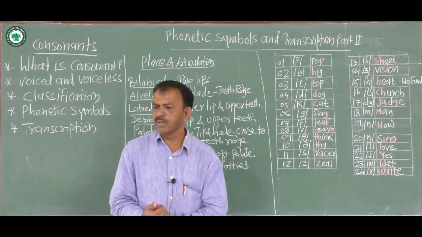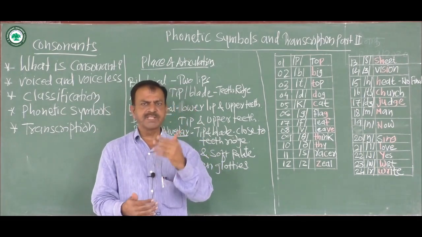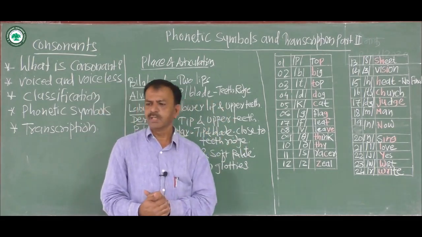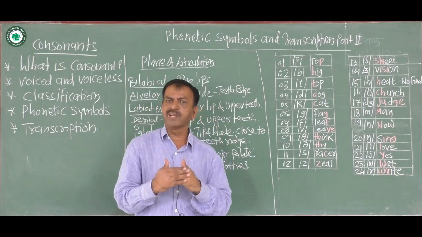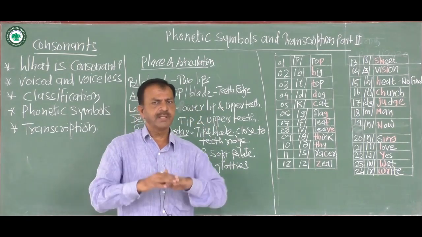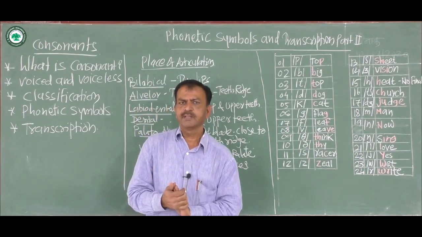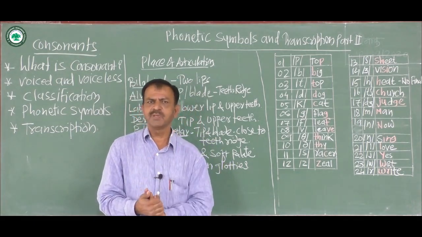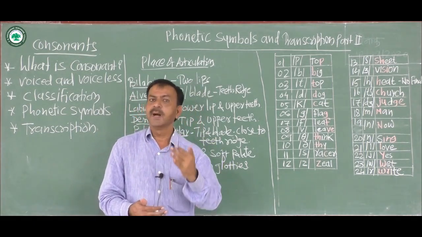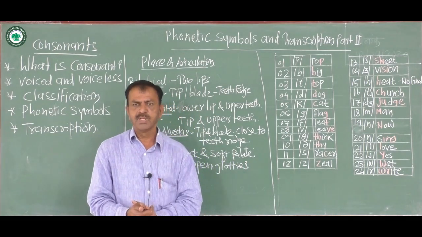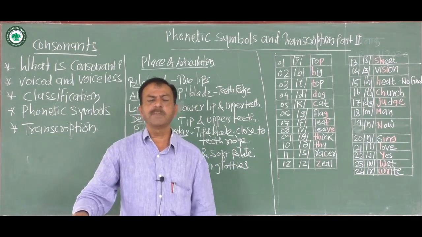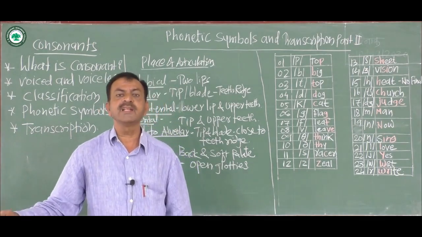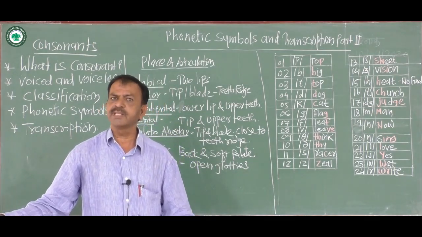Now I come to the first type, that is according to the manner of articulation. We can classify the sounds under different heads, and the first head which we are going to study is the plosive sound. The plosive sound, or plosive consonant, is also known as stop, S-T-O-P.